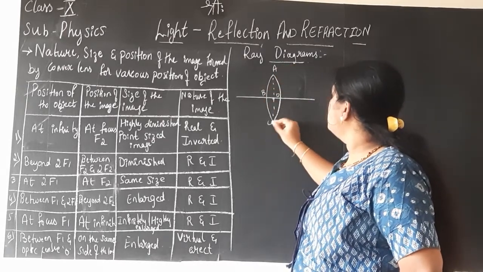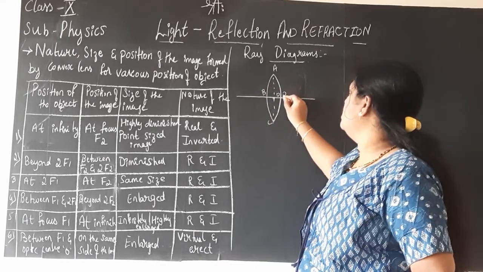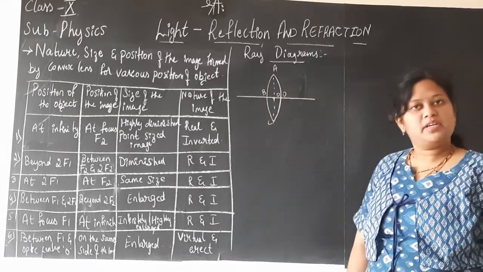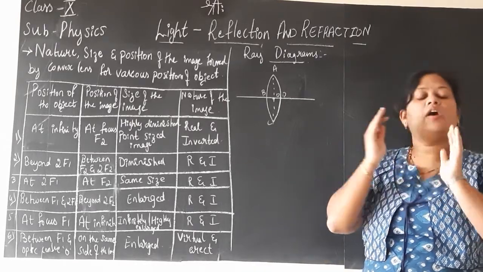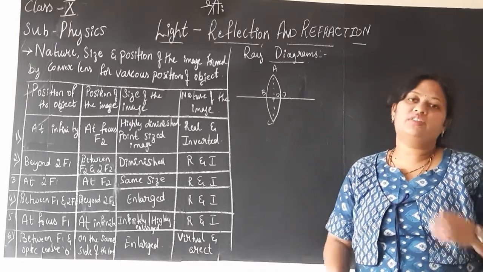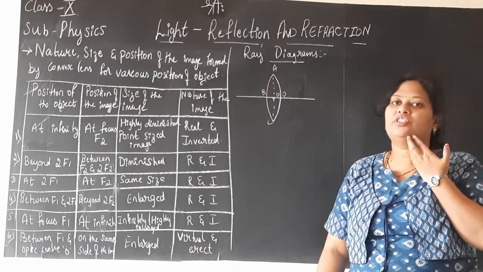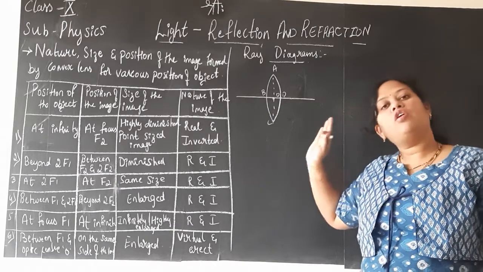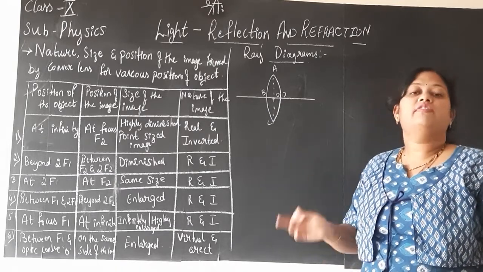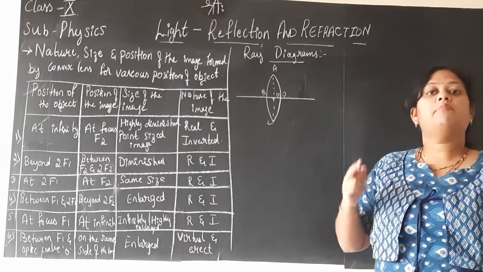Lens is a transparent medium, children. Lens is a transparent medium which is bound by one or two surfaces. We studied the definition of the lens. But here we are considering the convex lens. Which lens will have one surface?